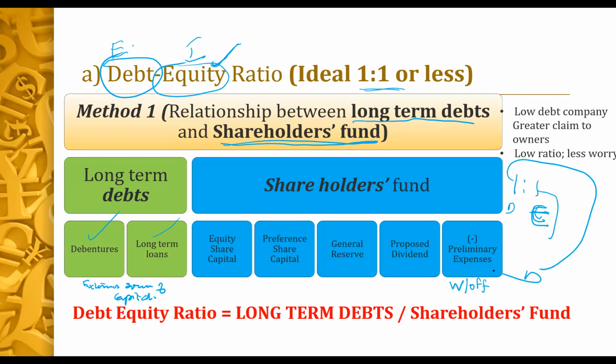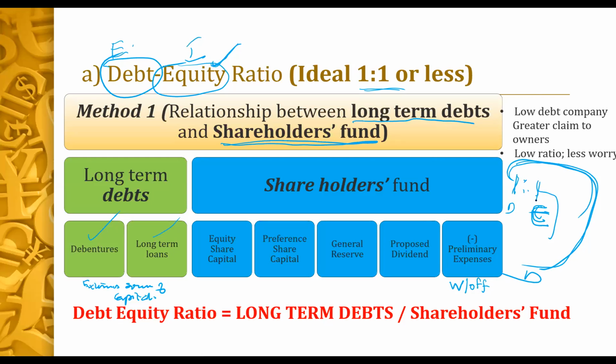When 1 rupee of equity share is issued, correspondingly 1 rupee of debentures or debts has been issued. That is the interpretation that you can give for 1:1. Shall we? Yes, sir.